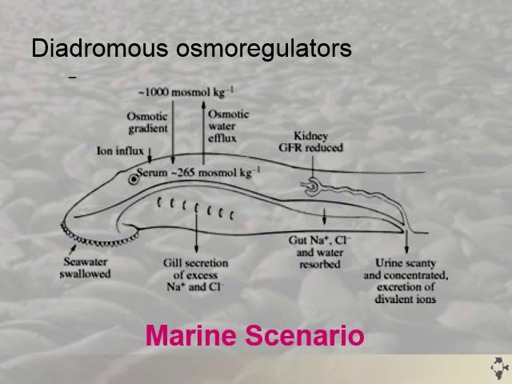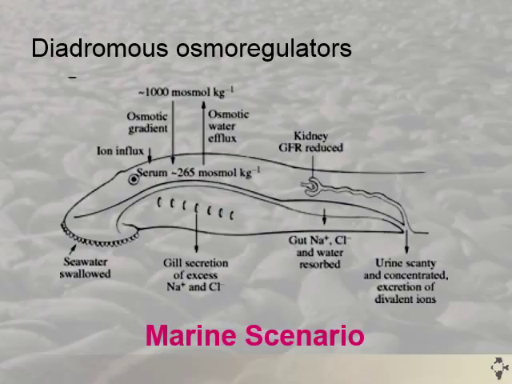Now, the same fish under saltwater conditions, again, they're going to be facing greater gradients. You can see that the serum or the plasma of the fish becomes slightly elevated. Before it was about 225, now it's about 265. So they're flexing a little bit here, allowing their osmolality to increase slightly.